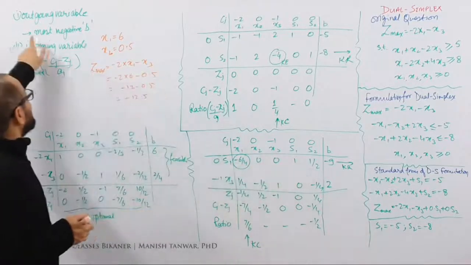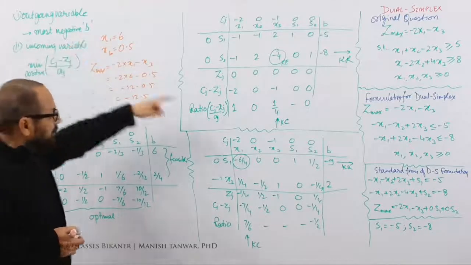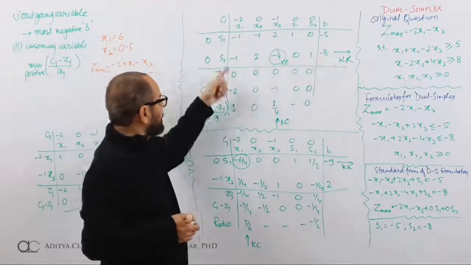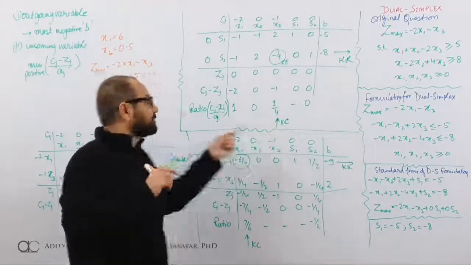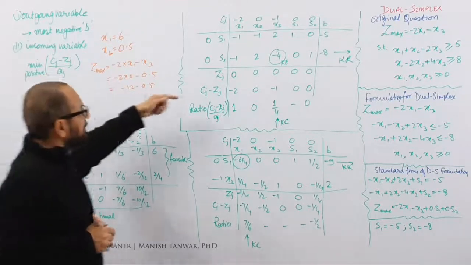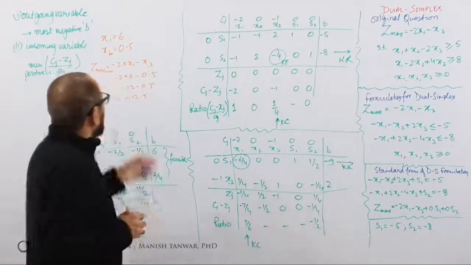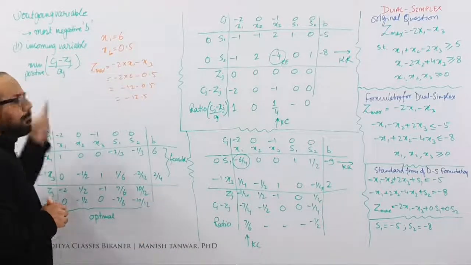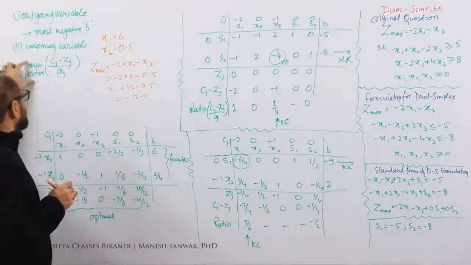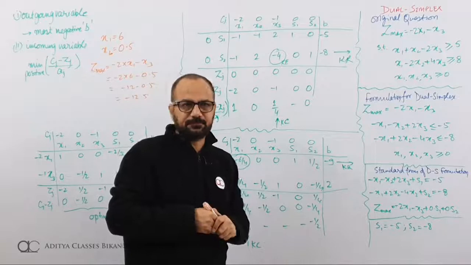How is the outgoing variable decided? The most negative b. This outgoing variable tells me my incoming variable. How? Minimum positive from Cj minus Zj upon Aj. I am interested mainly only in positives and then from them also the minimum positive. So this is how we select.